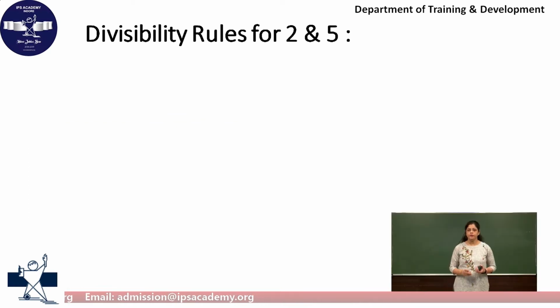So, divisibility rules for 2 and 5. When is a number said to be divisible by 2? That means all even numbers are divisible by 2, right? So numbers which have 0, 2, 4, 6, 8 at the unit place are divisible by 2. And the numbers divisible by 5 are the numbers which have 0 or 5 at the units place.